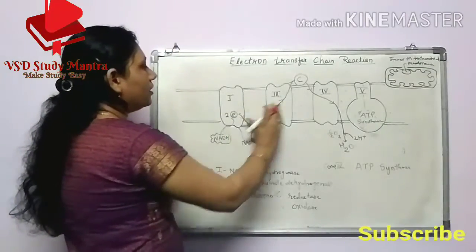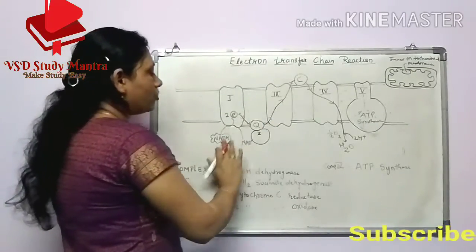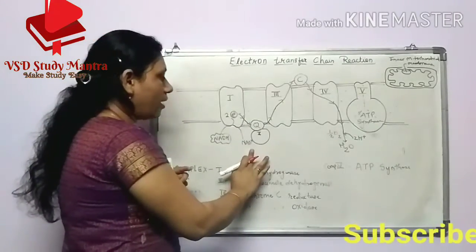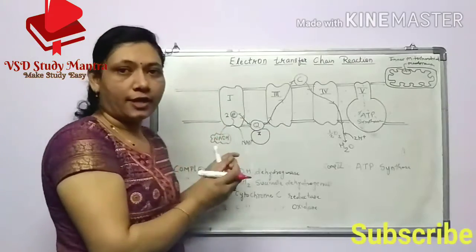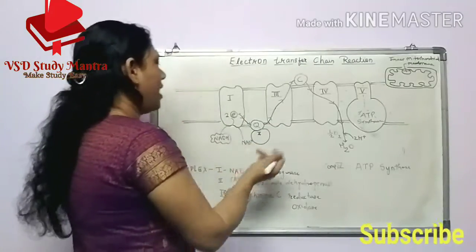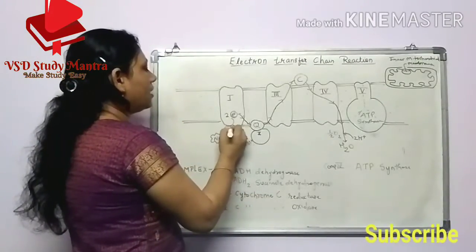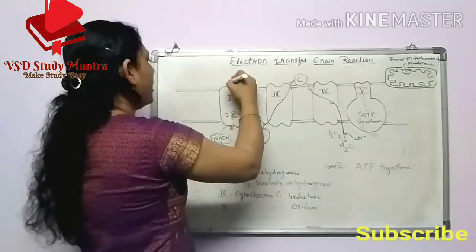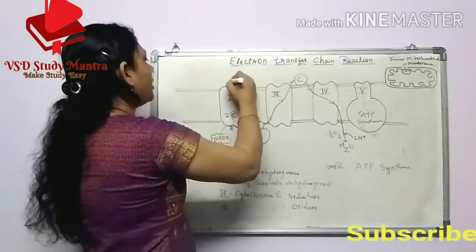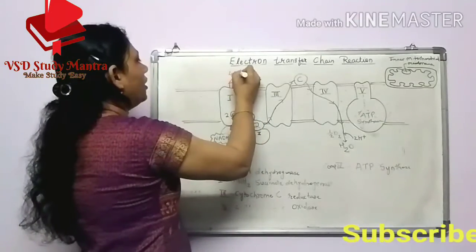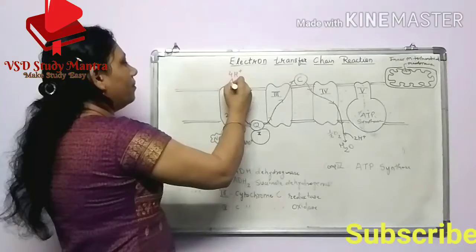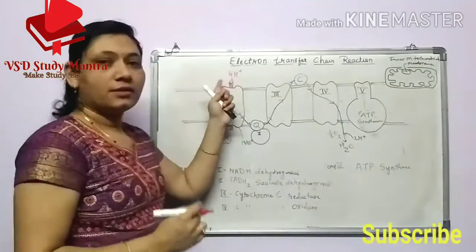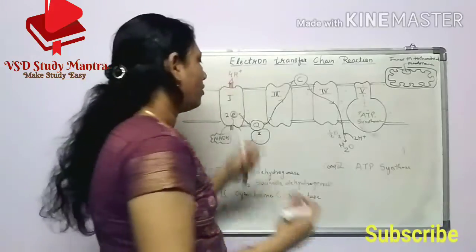So you understood how NADH is oxidized to NAD and the electrons are donated. And while this happens, protons are pumped up to the cytosolic side.